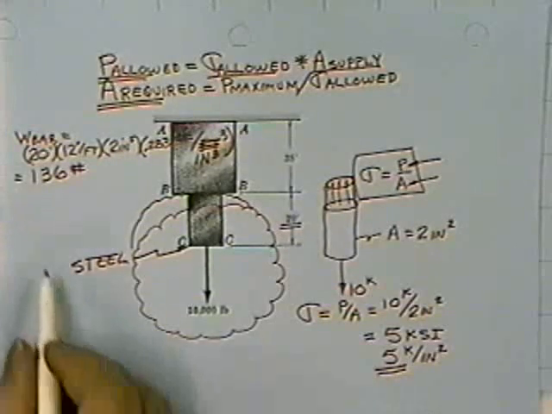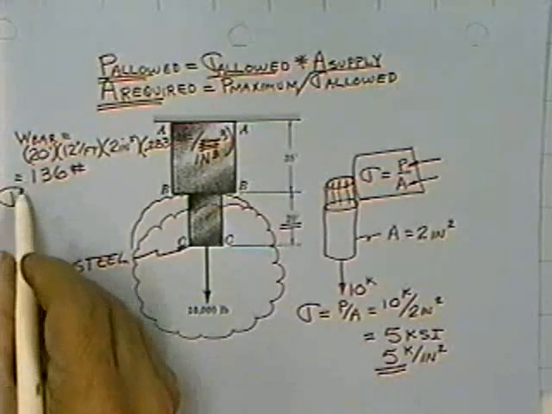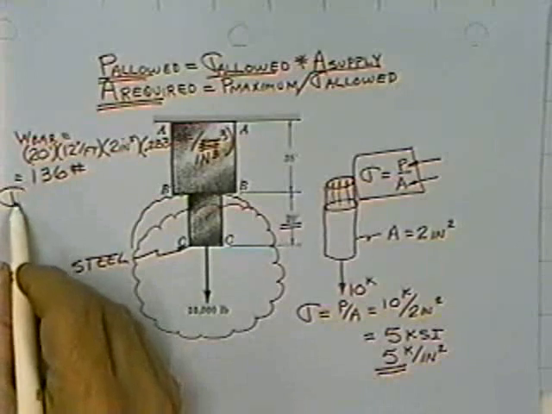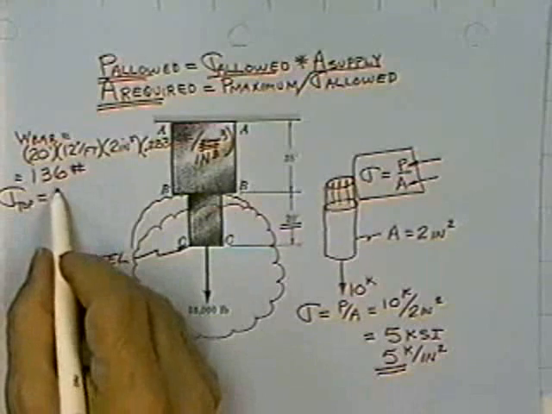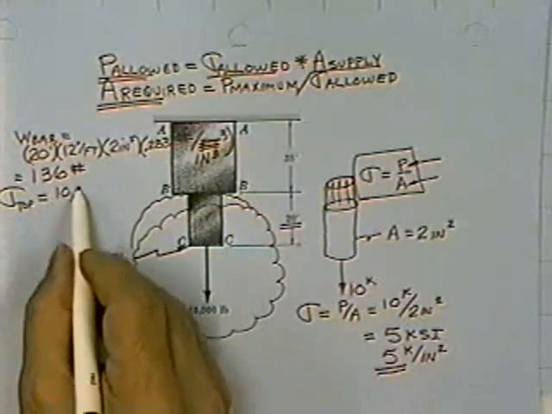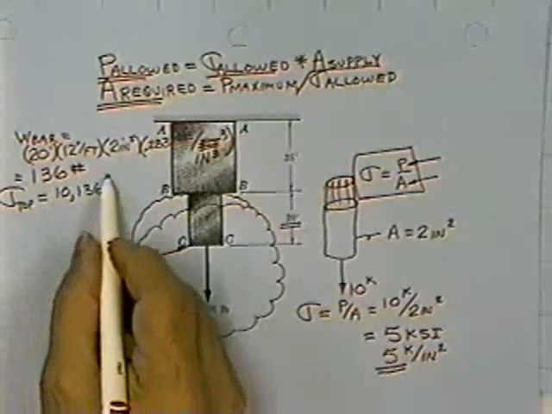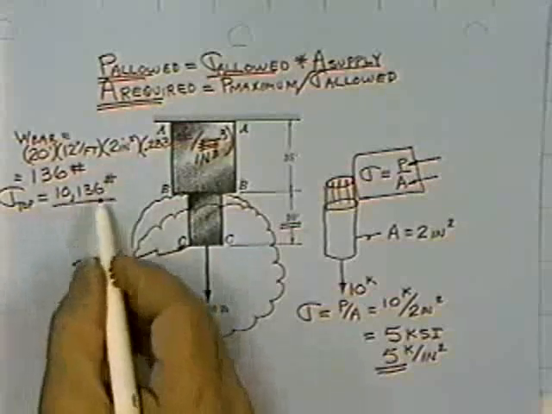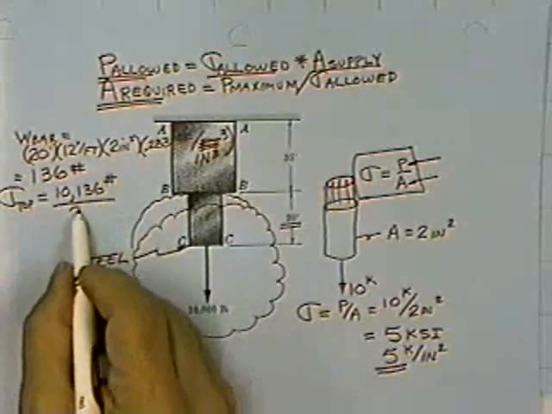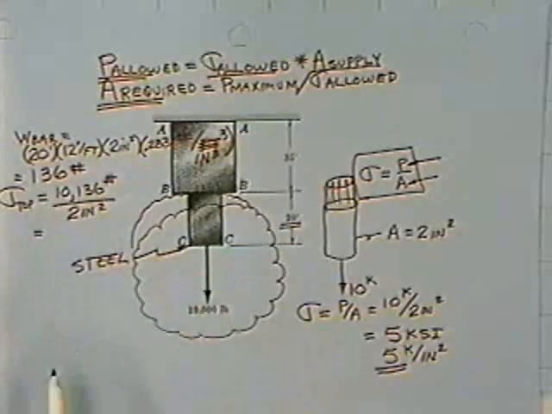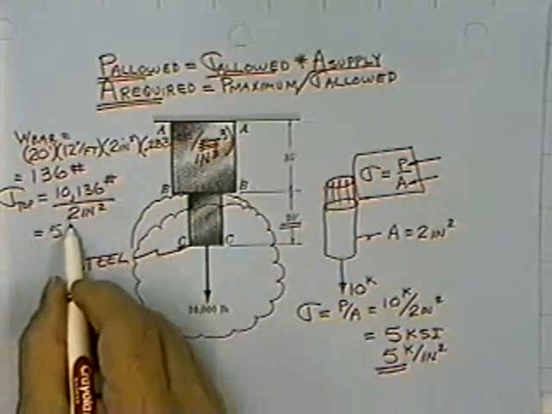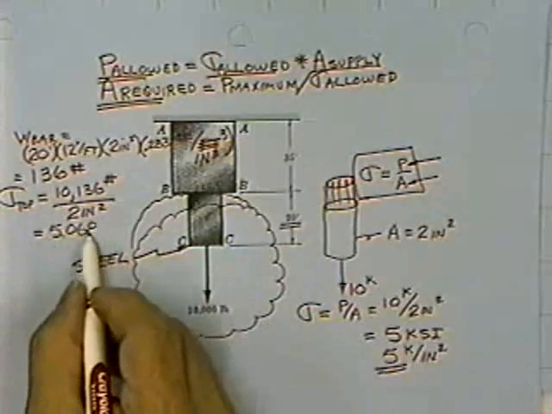But if you want to be real picky about it, I would now tell you that the stress up at the top of that bar is equal to 10,136 pounds divided by the cross-sectional area of 2 square inches, and that slightly increases the stress in the bar. 5.068.